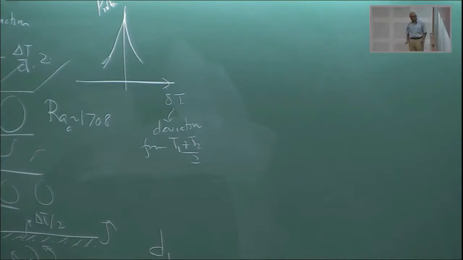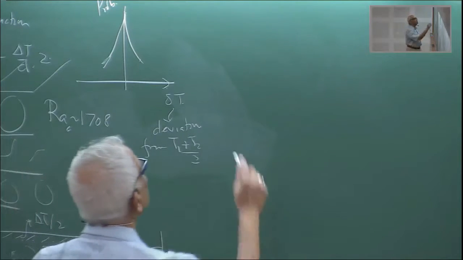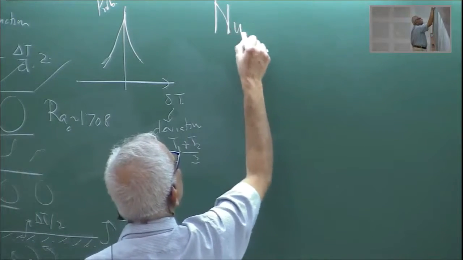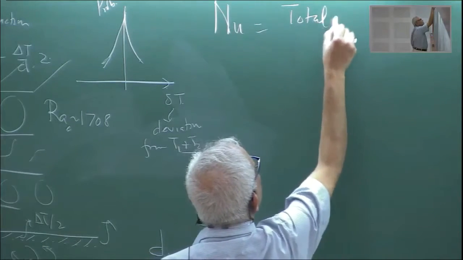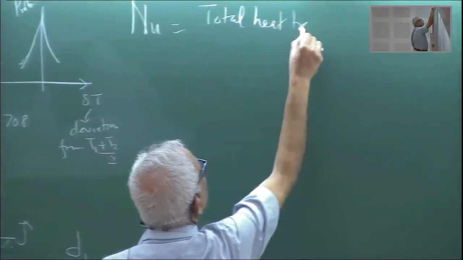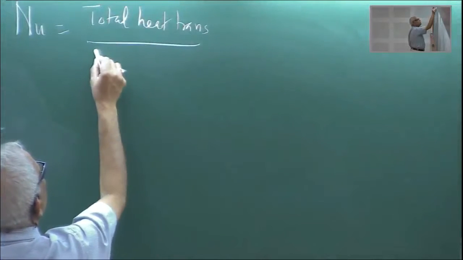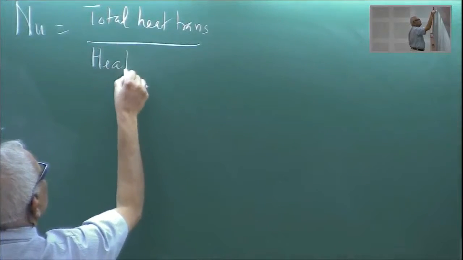So that's the picture of the turbulent convection, and the issue is how does the Nusselt number behave, which is the total heat transport divided by the heat conducted.